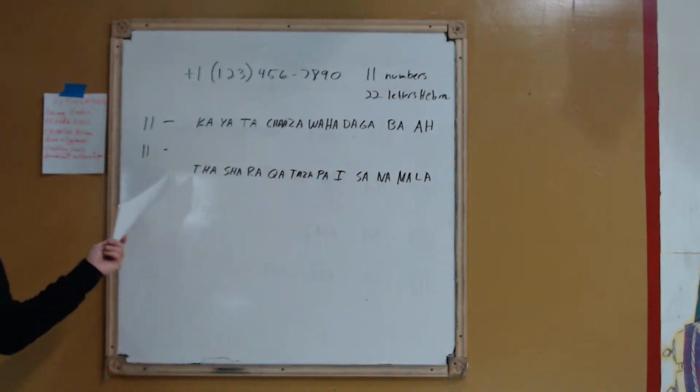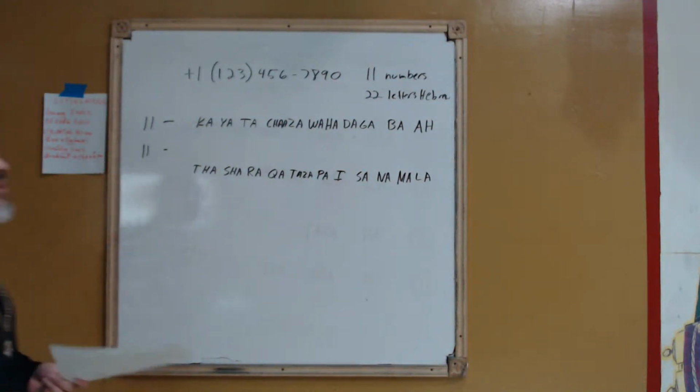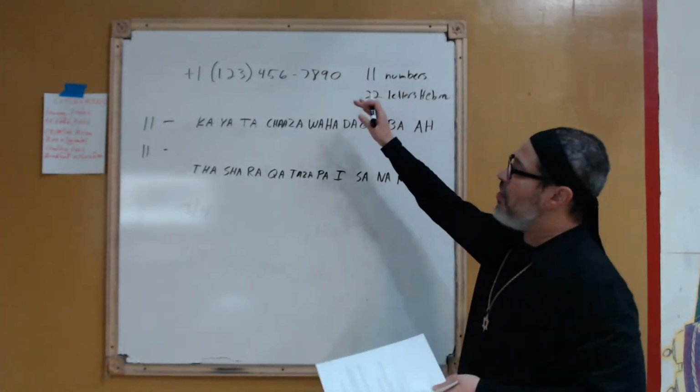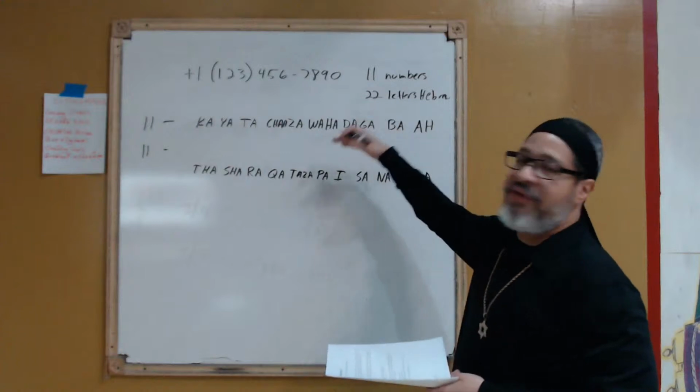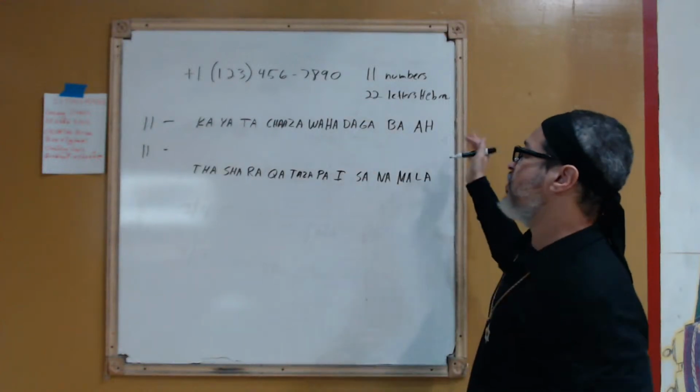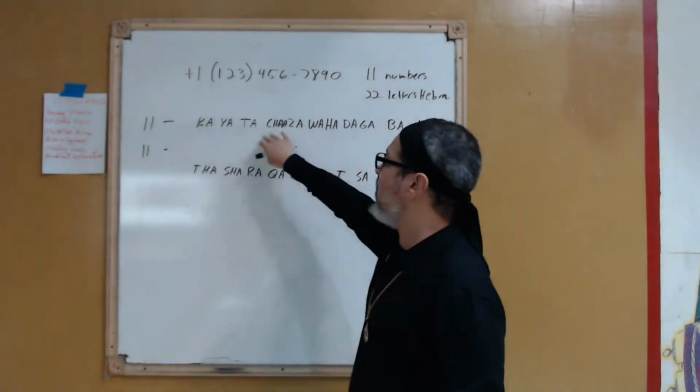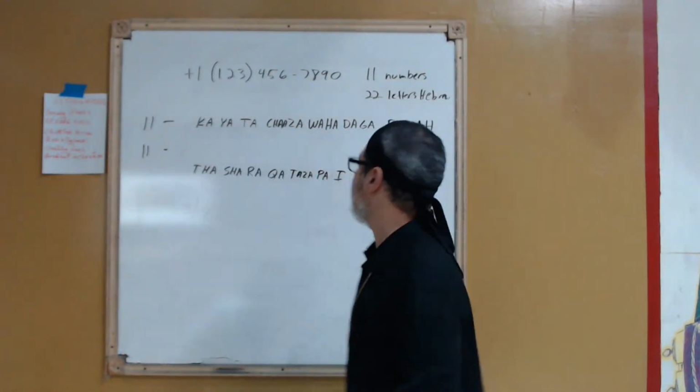So if this is easier for you to memorize, and you can remember it like this, you can use this approach. So this is our 22 characters, and we split it up by 11 and 11. Your first sequence is A, Ba, Ga, Da, Ha, Wa, Za, Ka, Ta, Ya, Ka.